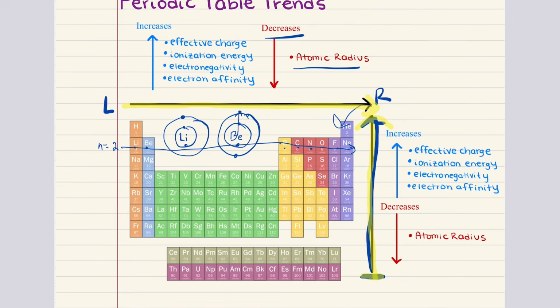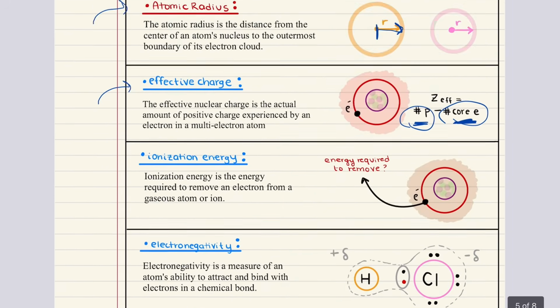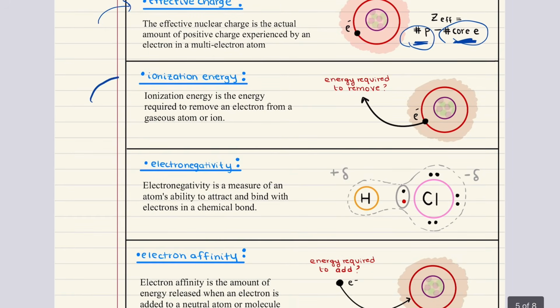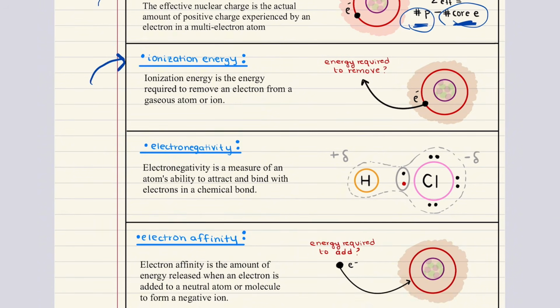All right, let's go back and focus on ionization energy now. Ionization energy, this is the energy that is required to remove an electron from a gaseous atom or ion. Now, this process is going to be endothermic. You're removing an electron, which means you need to absorb energy to overcome the attraction between that negatively charged electron and positively charged nucleus to be able to remove it.